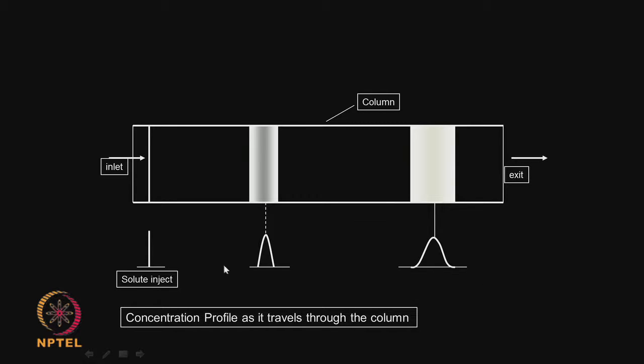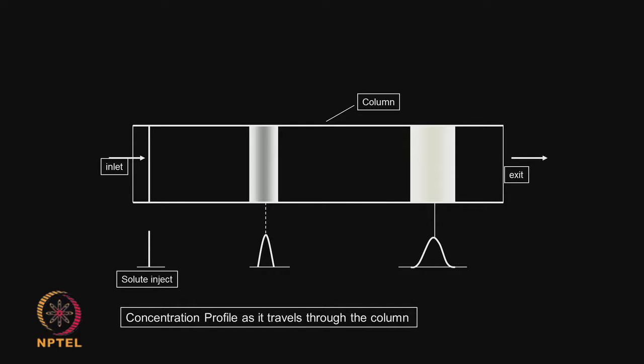If there are many solutes traveling through it, you will get many peaks, each one may be overlapping with one another, but basically when you inject a very sharp peak, it comes out like a normal distribution. Why does it happen? It happens because of the interaction of the solute with the stationary phase and partitioning of the solute between the stationary and the mobile phase.